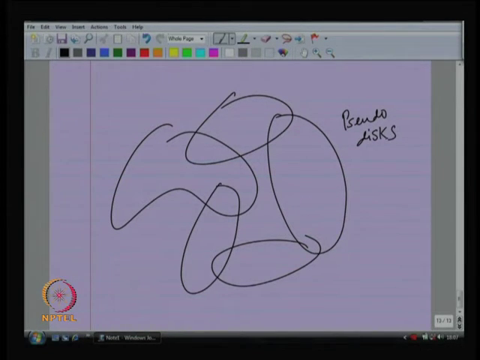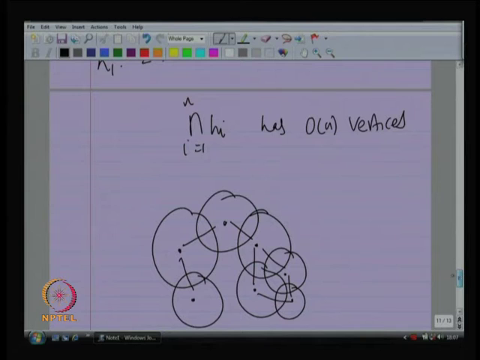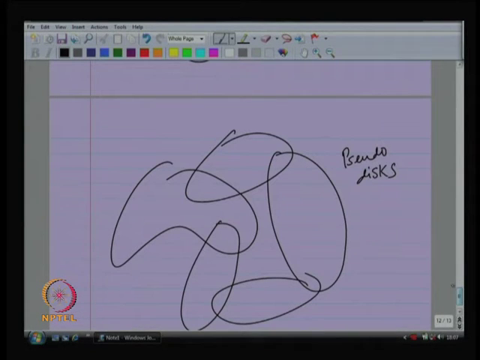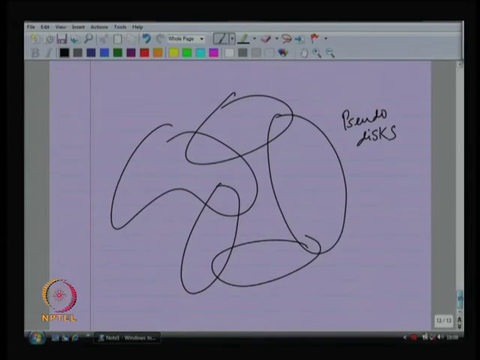And the complexity of the union of pseudo disks is also linear. For the proof that the graph is planar, you can do something similar here also. Centers are not very well defined, but one has to be a little careful, and you can still say the graph is planar.